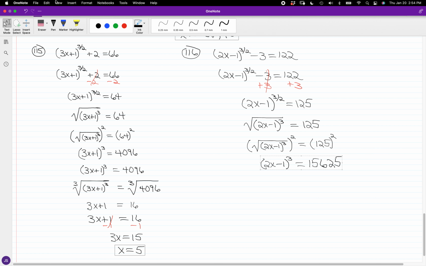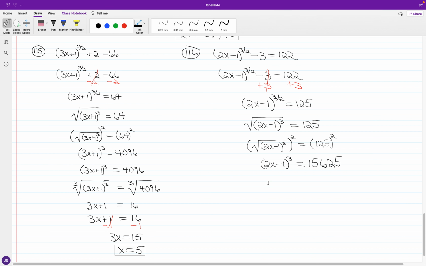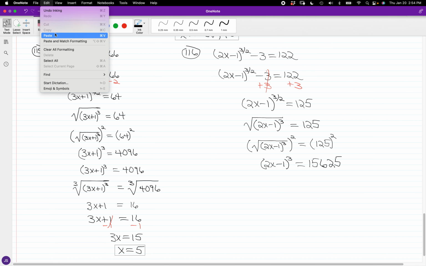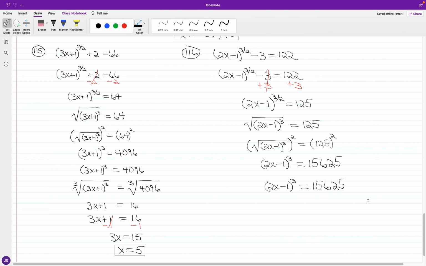The radical is eliminated, but I still have that remaining cube applied to 2x minus 1. I can take care of this by taking the cubic root of both sides. To the left, I have 2x minus 1. And for the cubic root of 15,625, this will be 25.